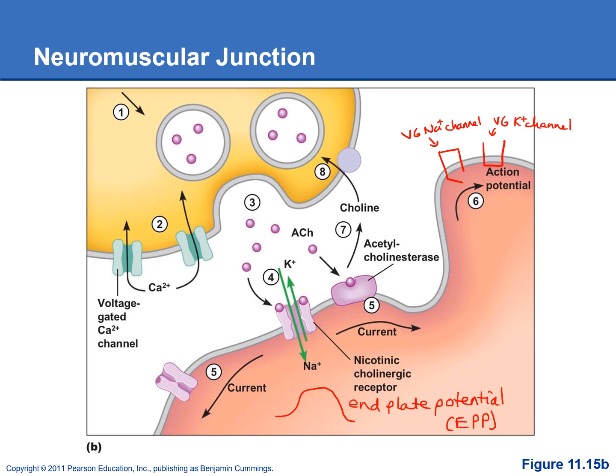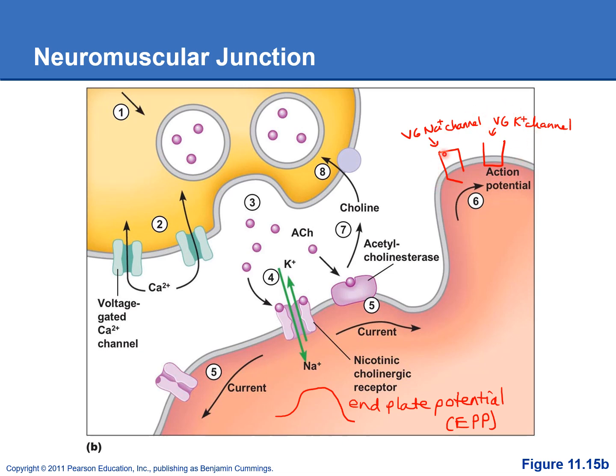All right, so why are these end plate potentials, these graded potentials, so important? Well, these sodium ions that are coming in are going to flow both directions through this skeletal muscle cell. And what we have located on either side of this motor end plate are some voltage-gated sodium channels and voltage-gated potassium channels.